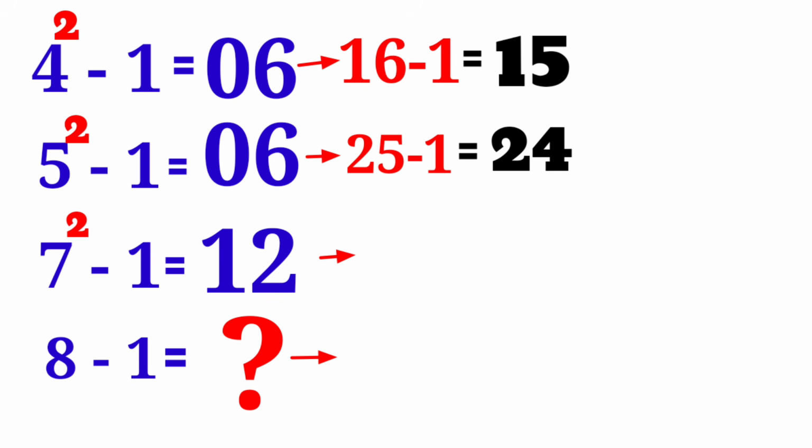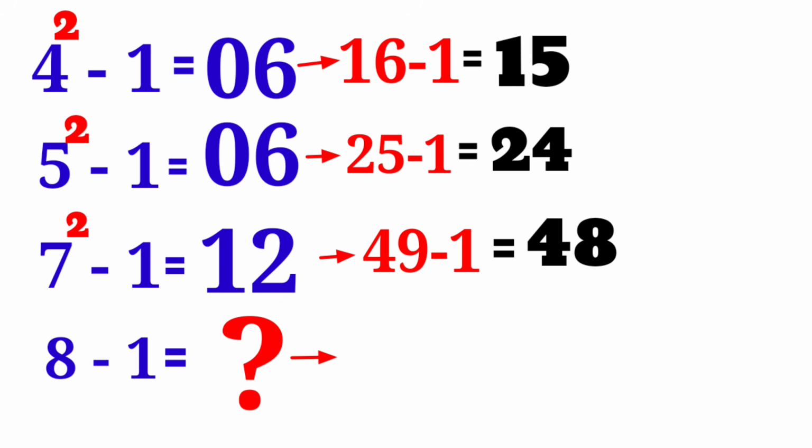Next sequence, square of 7 minus 1. Square of 7 is 49. 49 minus 1 is 48.